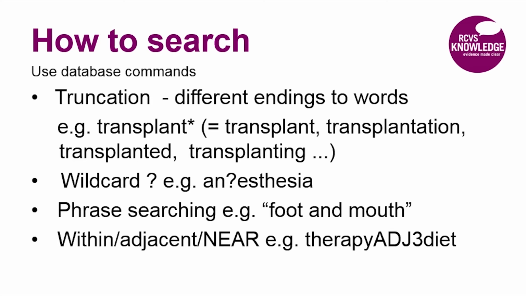And then the final one there, which is the one that most people don't know about, you can use a command which is either, depending on which database you're in, within or adjacent or near, so that you can look for words in relation to each other. So that there would give you therapy within 3 words of diet. So you could actually do therapy asterisk, so therapeutic and diet. And that's quite a neat trick of getting the literature that you want.